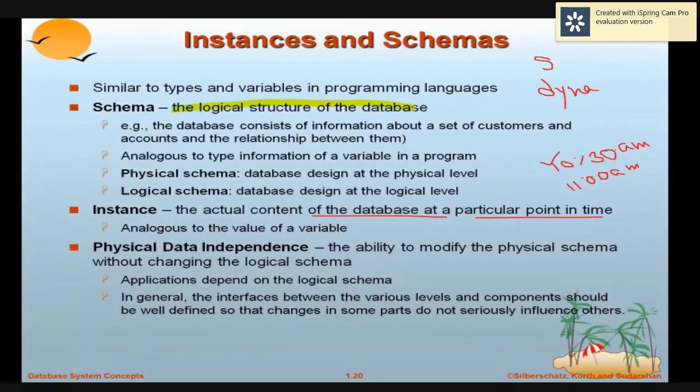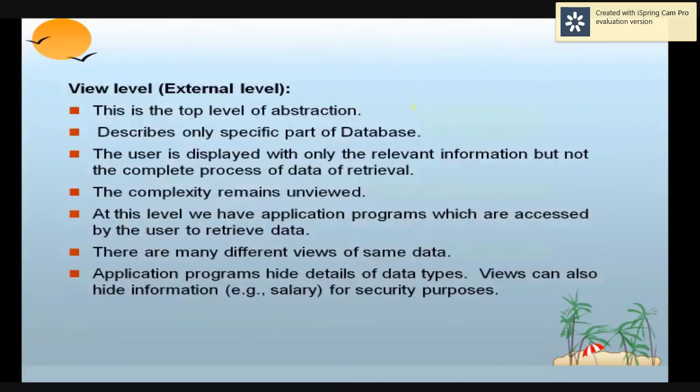Let me put things simply: the schema is nothing but the logical structure of the database, or the blueprint of the database, that is made at a very initial level before constructing the database.